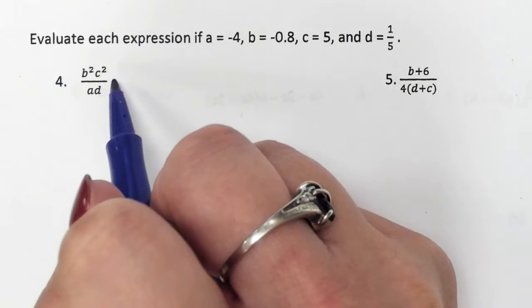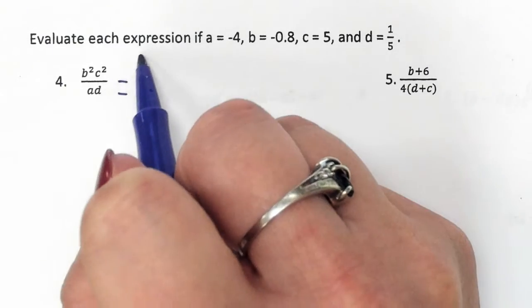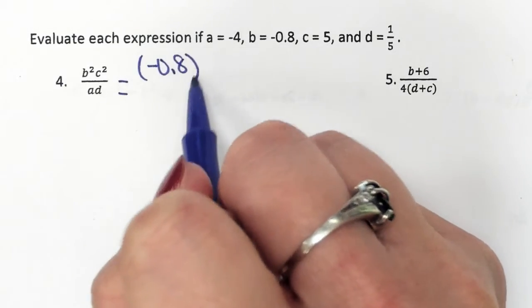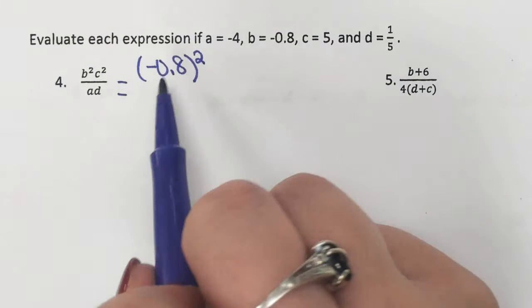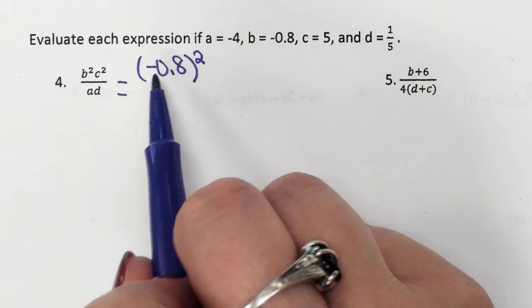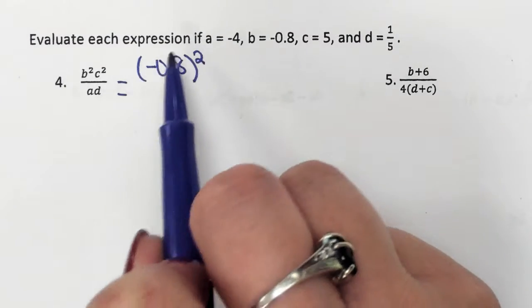What are we going to plug in for B? What did I use around the number? If you have a negative number and it is squared, you have to use parentheses. Let me say that again. If you have a negative number and it is squared, you have to use parentheses.